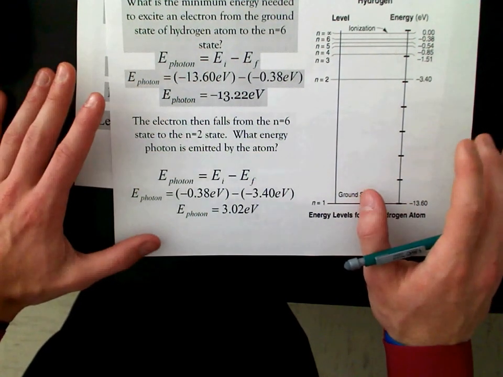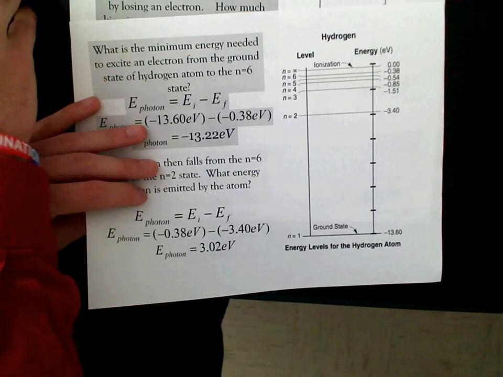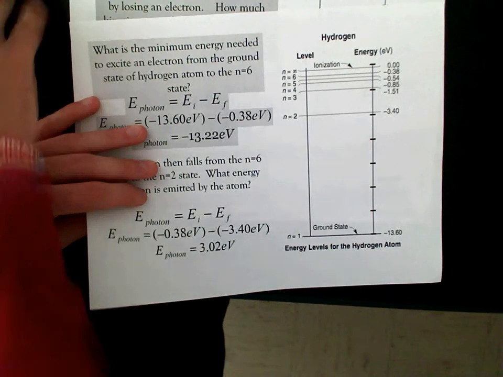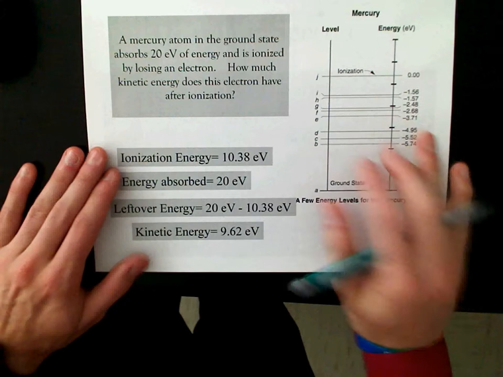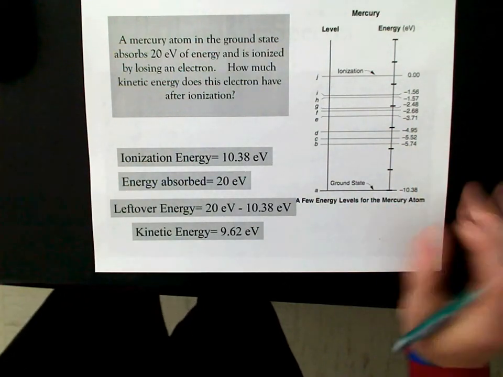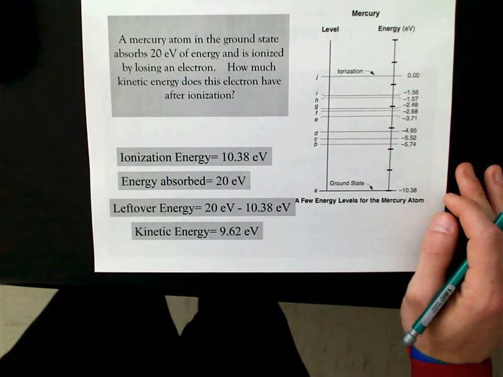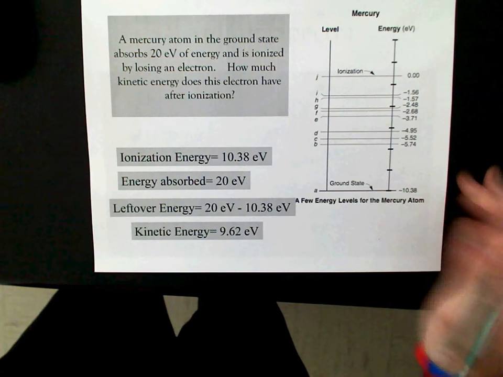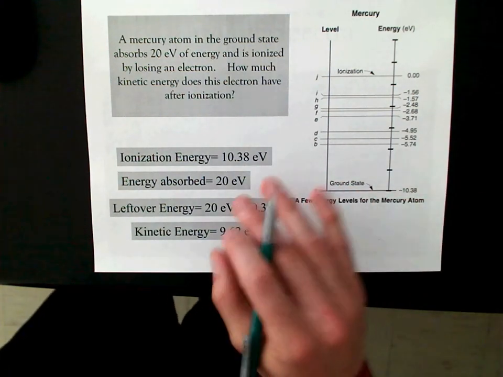All right, go ahead, try out this one. So this one's a little bit tricky. I want you to try to work through it. Okay, here's some hints. Now, how much energy is required to ionize a mercury atom from the ground state? Well, if we look over here, we know it's 10.38 electron volts.